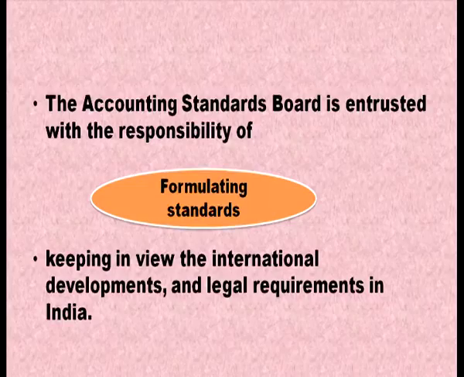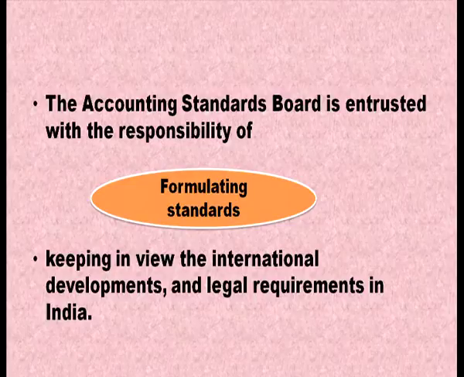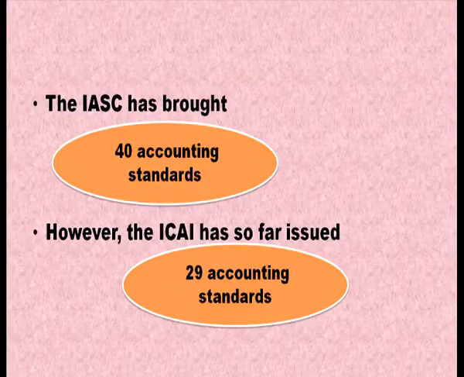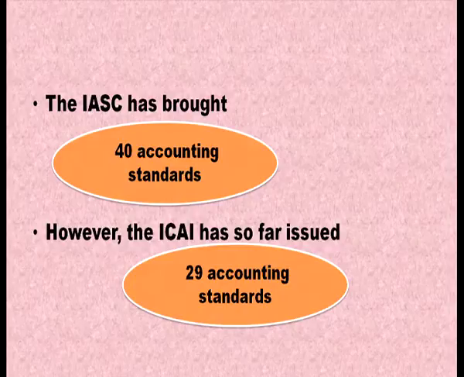The Accounting Standards Board is entrusted with the responsibility of formulating standards. Why are they formulating standards? Because they are formulating standards by considering the international developments and legal requirements in India. IASC has brought 40 accounting standards. The Institute of Chartered Accountants of India has issued 29 accounting standards.